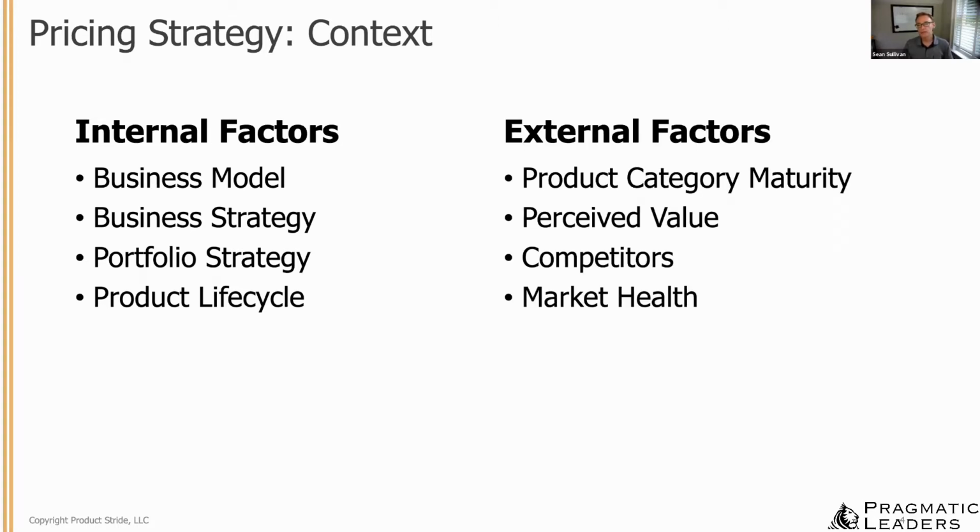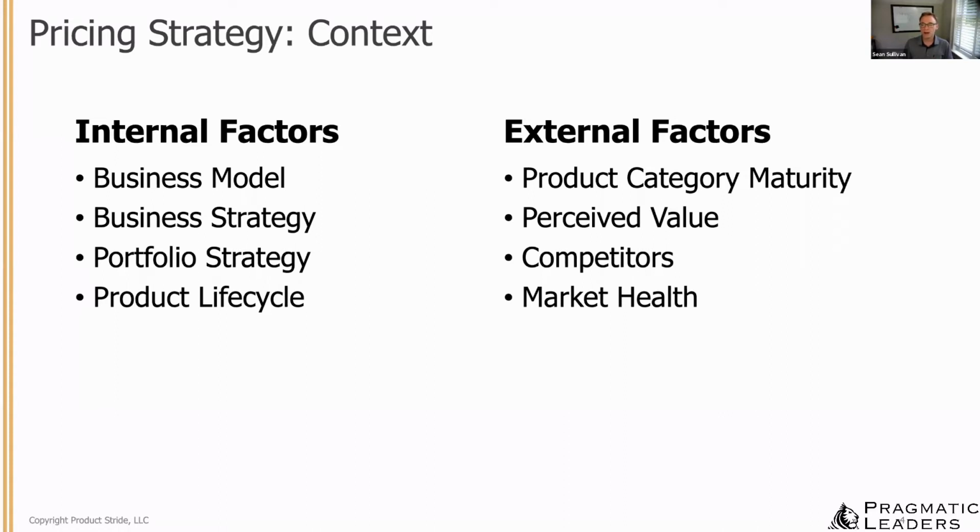Now, besides the internal factors, there are plenty of external factors. One of the biggest ones is the product category that you're working in. So if you have a product that you're introducing or selling within a well-established product category, let's say a browser or an email client or the CRM example I gave before, that is going to define a certain level of maturity within that category.